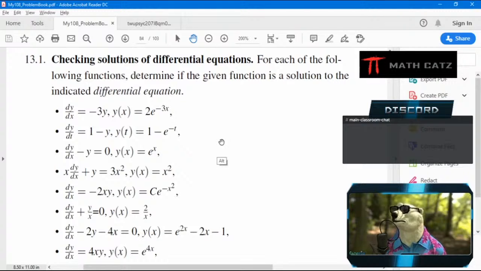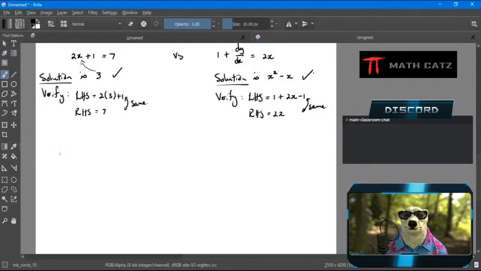Even though it's an equation, it's a very different kind of equation. So let's just do number 1, for example. Oh, it doesn't have numbers. The first one, the first dot in 13.1. So 13.1, first dot, I have a function. Nope, I do not have a function. I have a differential equation first.